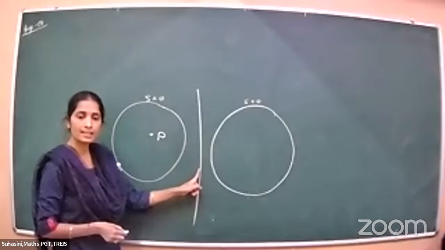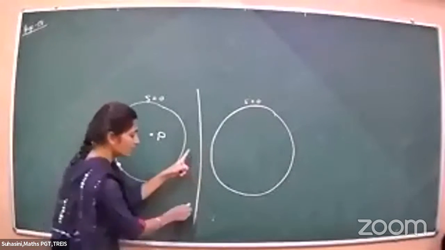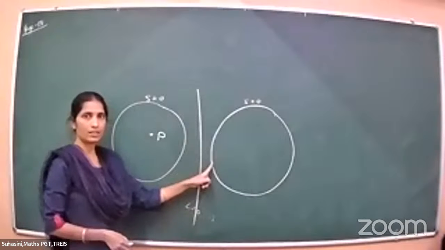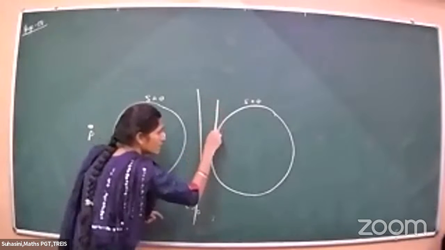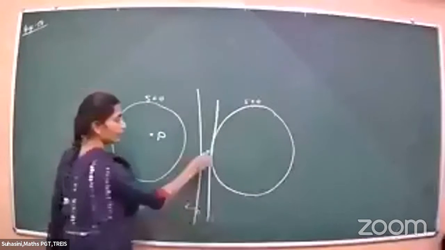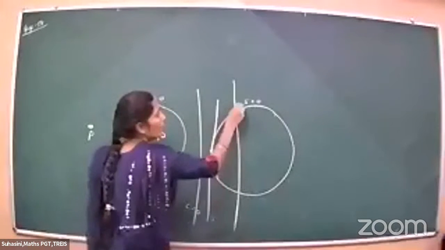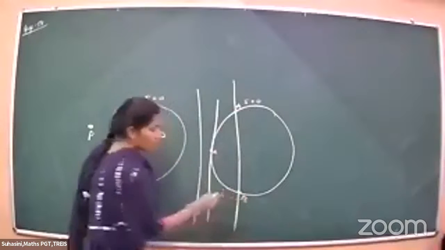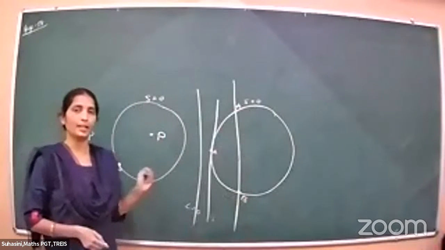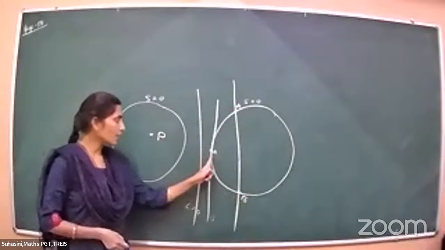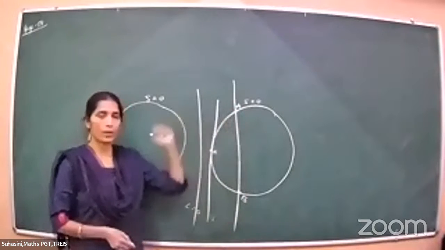No point in common in this case, for the line L = 0 and the circle S = 0. In the next case, we have one point in common. In the next case, we have 2 points in common. So there exist three positions again: no points in common, 1 point in common, and 2 points in common.